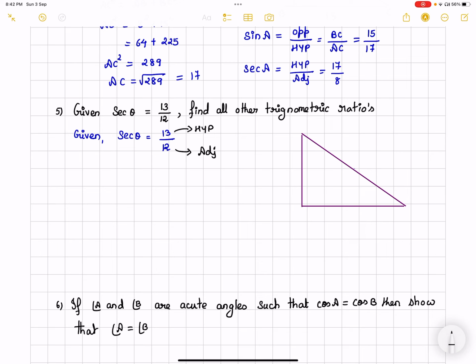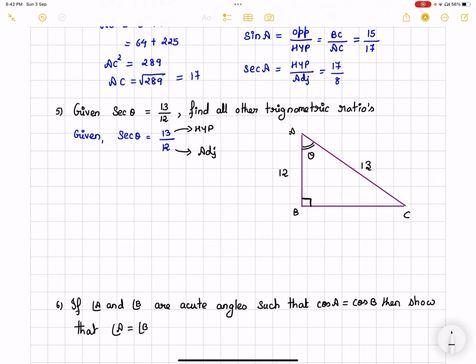Let me consider this angle to be theta. So 12 has been given to me, and if this is a right angle, then 13 is the hypotenuse. Let's just name this triangle ABC.